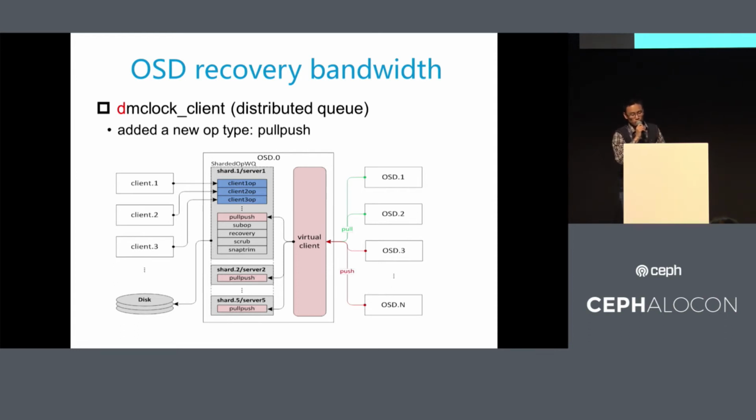All the pull push OPs from other OSDs are treated as from the virtual client. We can set the target recovery bandwidth for the virtual client. So there are multi-sharded OP services working together to achieve the OSD's target recovery bandwidth.